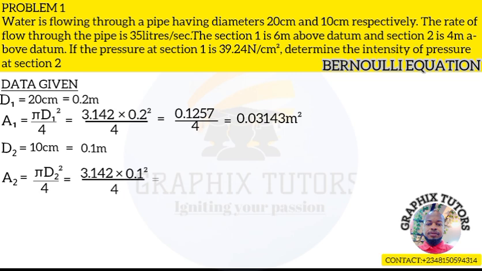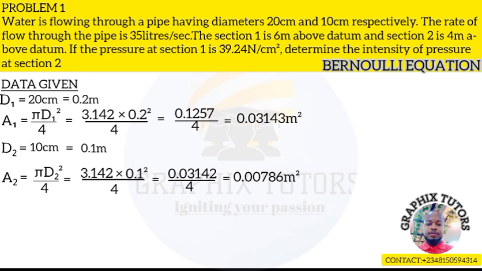If you multiply 3.142 times 0.1 square, you'll have 0.03142 divided by 4. That gives us 0.00786 meter square. That is A sub 2, the area at section 2.